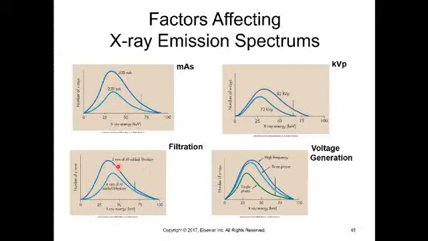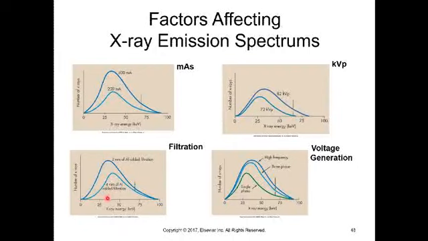So when you add filtration, you decrease quantity, but increase quality. And that's because you're removing the low energy X-rays from the beam. So again, when you add filtration, you decrease quantity and increase quality. When you remove filtration, you're doing the opposite.